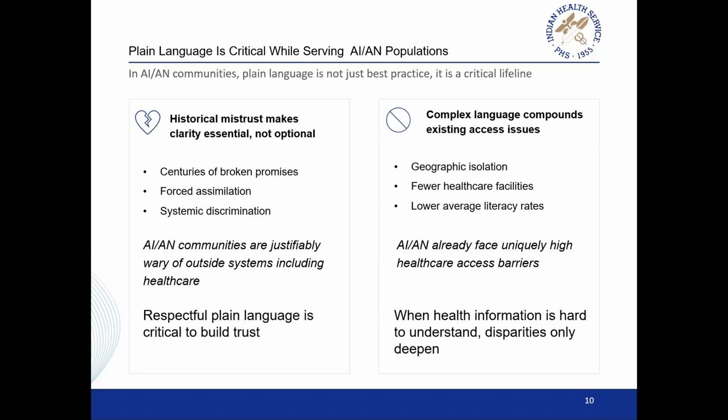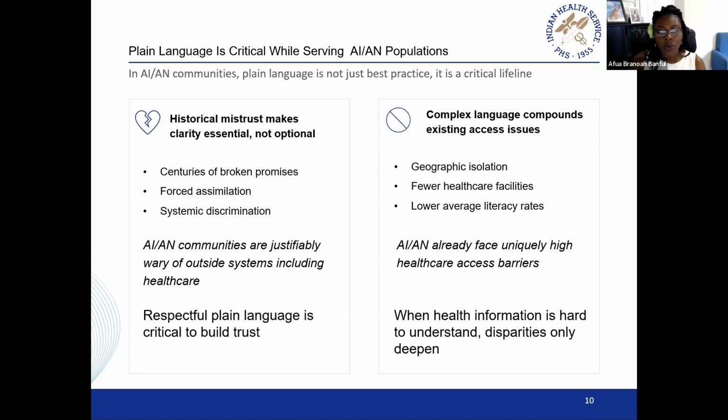Even if they have insurance and can go outside of IHS, speaking for some of my family members, they already have outside insurance, but they still choose to go back to IHS because that was where they went growing up and they don't want to go outside of the healthcare system.